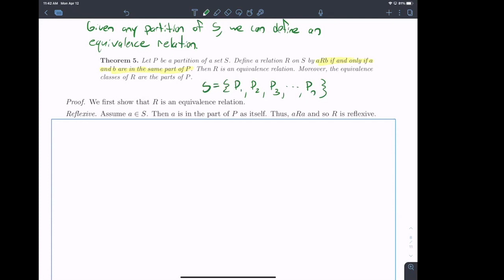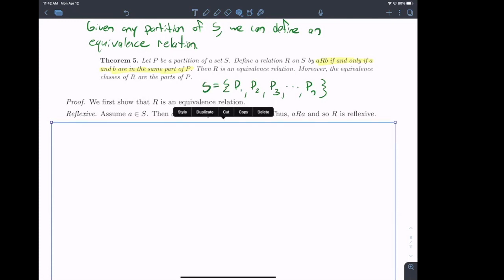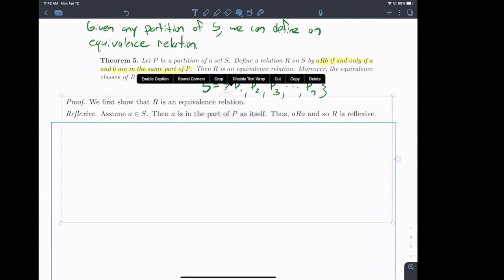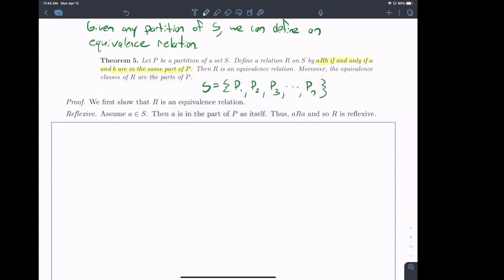So we're going to say that elements are related if they fall in the same part. Okay, so first we want to show that this would be reflexive, and that usually is a pretty quick proof here. I think I left out a word. I want to have same in here.